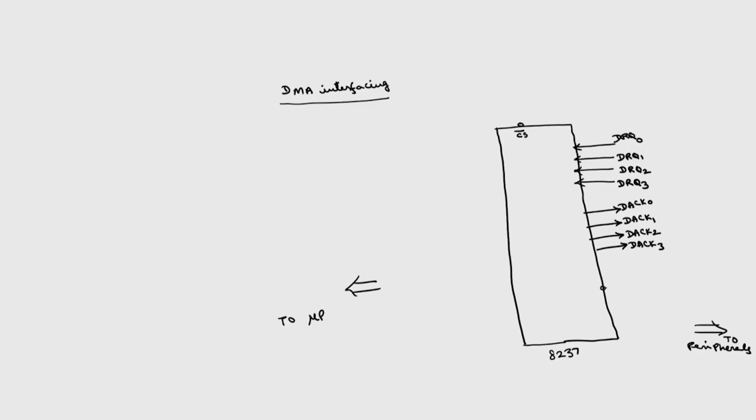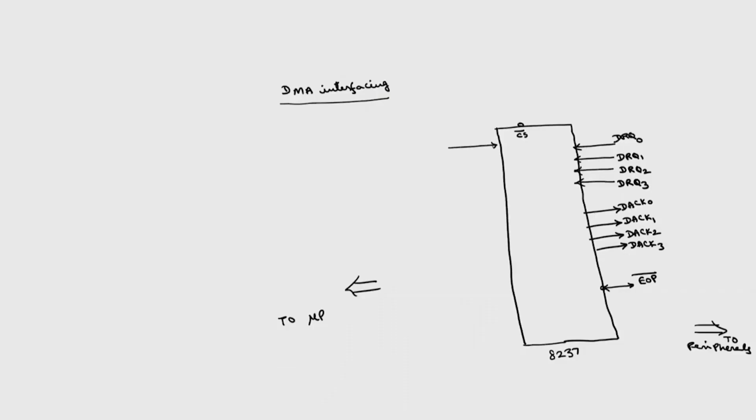Then we have one signal called end of process, EOP. I will discuss its function later. This is an active low, bidirectional signal. Coming to the other side, we have 4 signals which are going to control 16 registers inside the 8237. These are bidirectional signals.